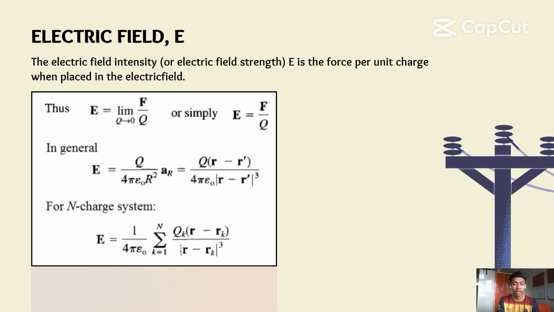Next, electric field. The electric field intensity, or electric field strength E, is the force per unit charge when placed in the electric field.